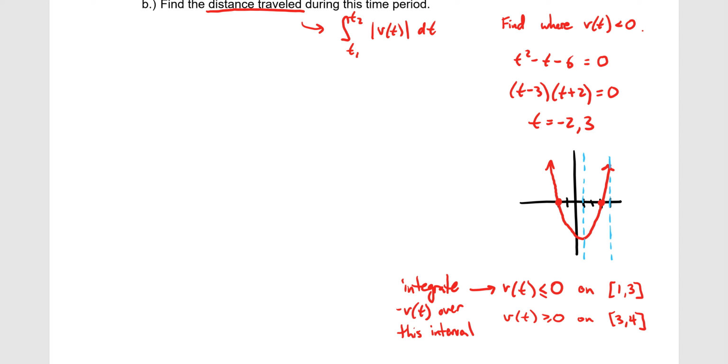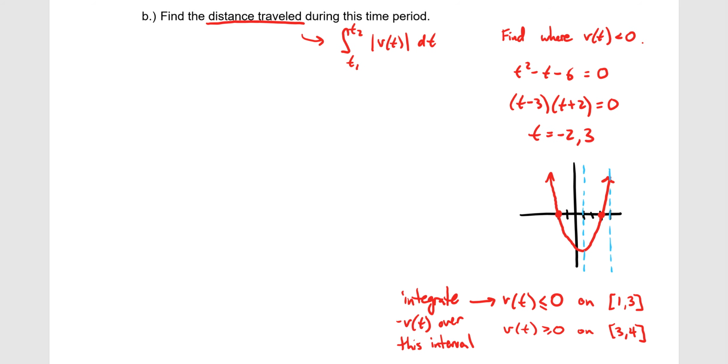That means when we're integrating, we actually have to integrate negative v of t over this interval. We're just going to make that answer negative, essentially. Because if we already know it's negative, to make it positive, negate a negative, it becomes positive. So the distance traveled is going to be the integral from 1 to 4 of the absolute value of v of t dt, which is going to become, now we chop up our interval, 1 to 3 and then 3 to 4.